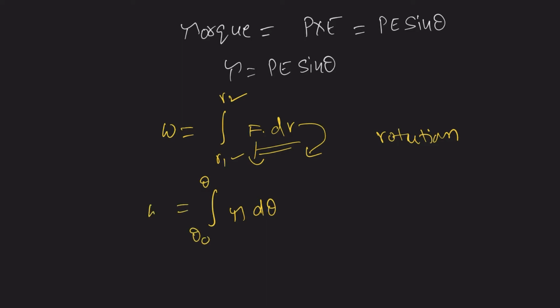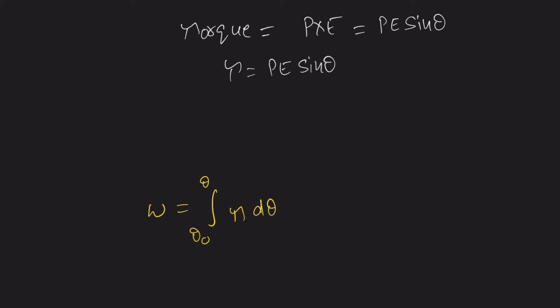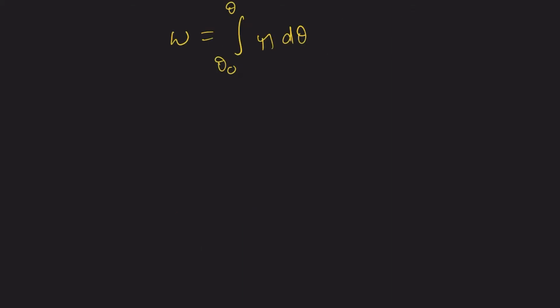So this is the work done formula. So work done formula here, W is equal to theta naught to theta integration torque d theta. Okay, work done is equal to theta naught to theta integration torque d theta.